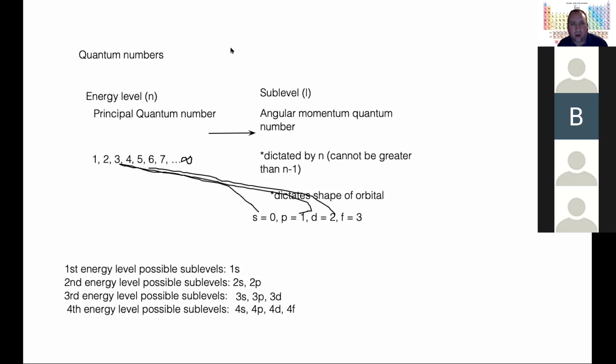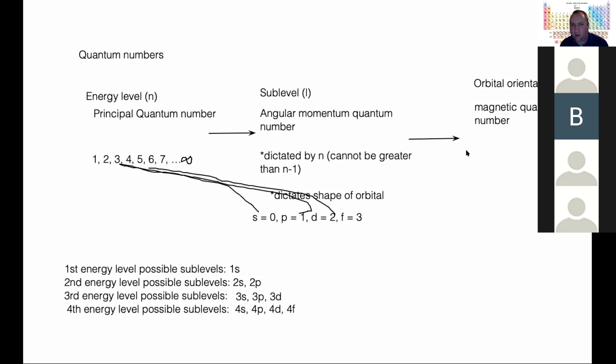The third that we would want to look at is orbital orientation, which is m sub L. Now, orbital orientation is something called the magnetic quantum number.